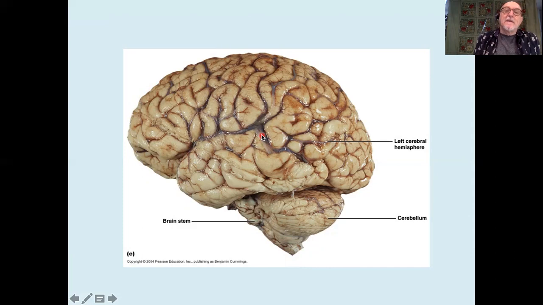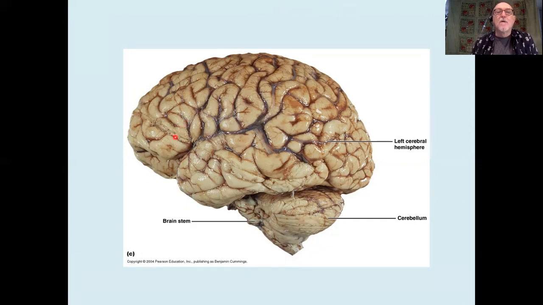You'll see that, in fact, the cerebral hemispheres are divided. If you look carefully, you'll see that there is a very deep crease, and that is called a fissure, F-I-S-S-U-R-E. These folds here are called the sulci, S-U-L-C-I.